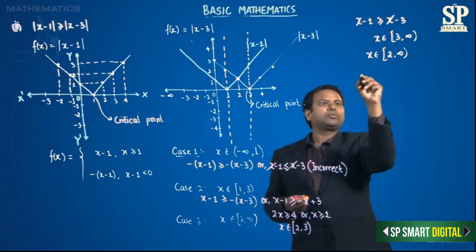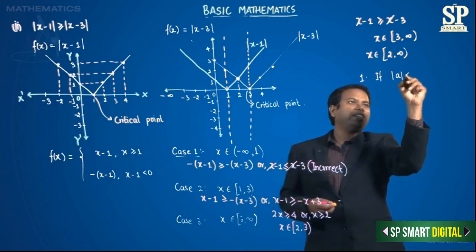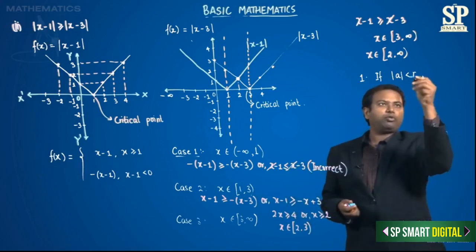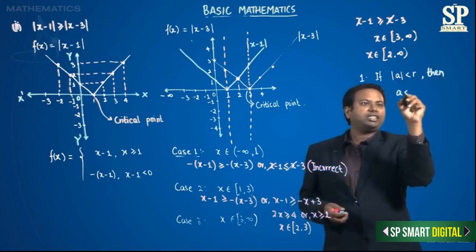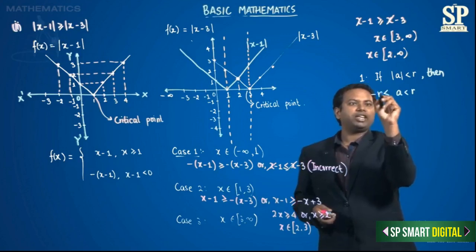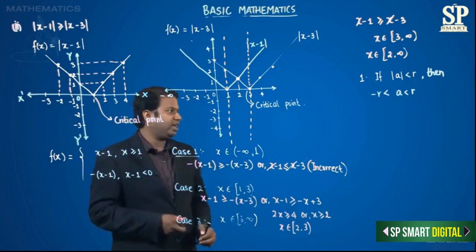Number 1, if mod of a is less than r, then what we have by this is a is less than r and a is greater than minus r. So that is the meaning of modulus a less than r.